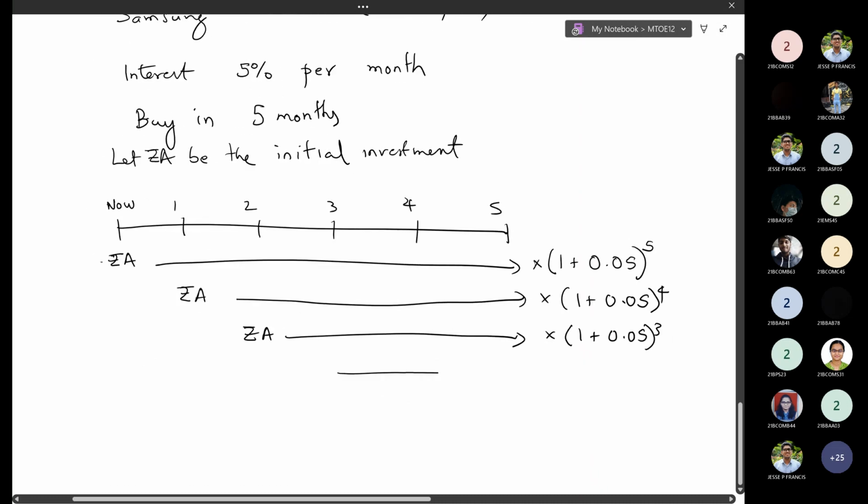Now, going here, again, in the third month, we are going to invest rupees A at 1 plus 0.05 to the power 2. And fourth month also, we are going to invest rupees A. That will be multiplied by 1 plus 0.05. Now we need to find what is the amount we should invest, right?